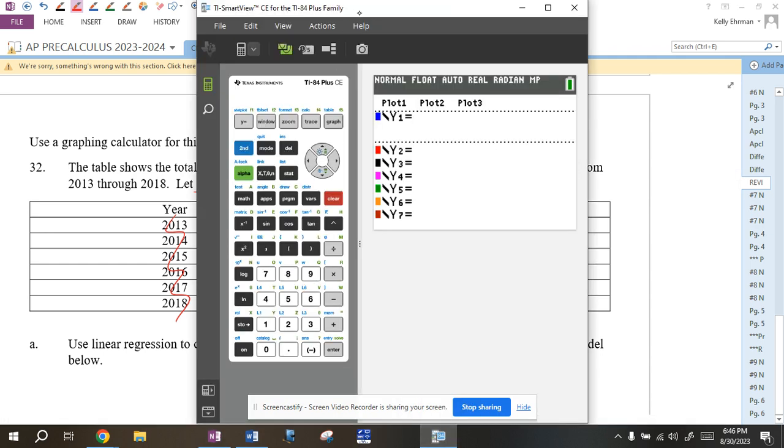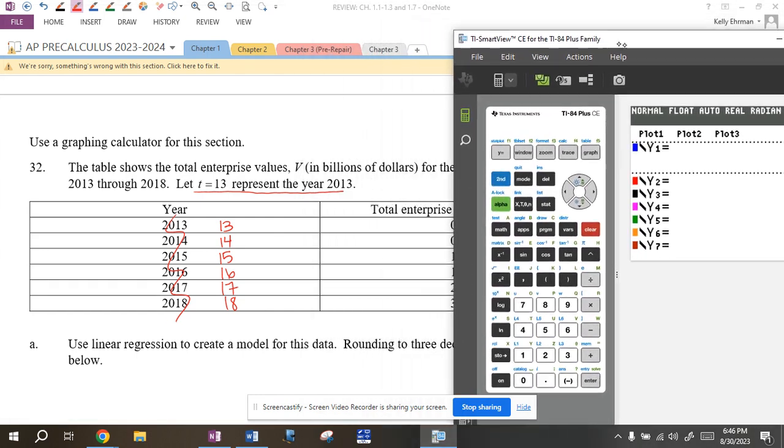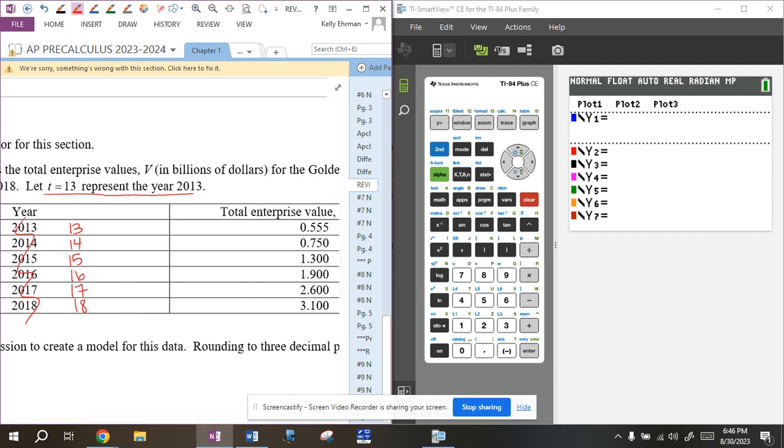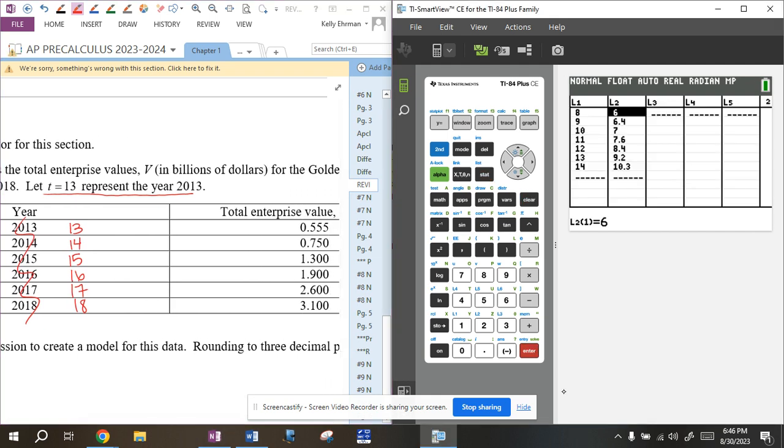So how do we do this again? We go to, let me split screen here. We press Stat, Edit, clear out your old lists, go to the top, press Clear, press Enter. What if you deleted by accident?